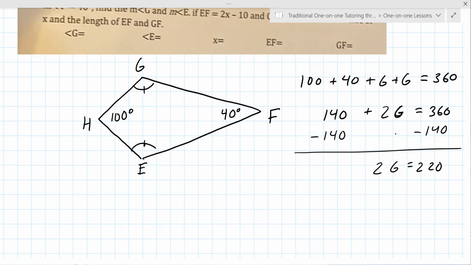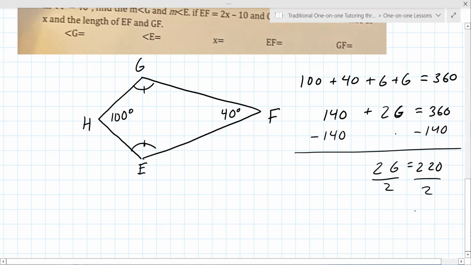What's next? Divide both sides by 2. So what is the value of G?